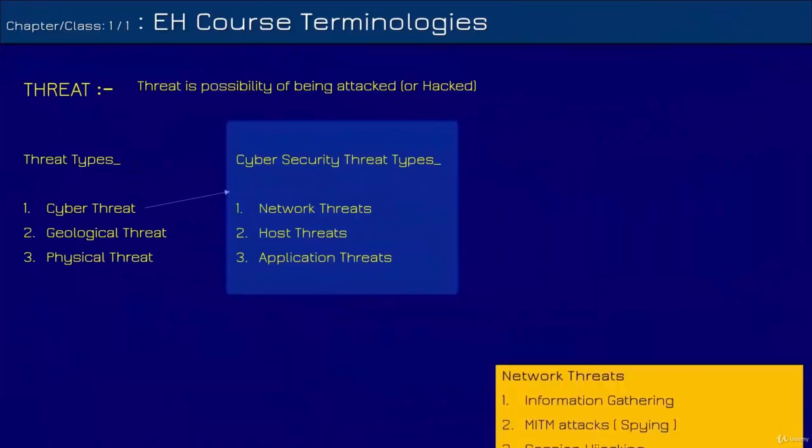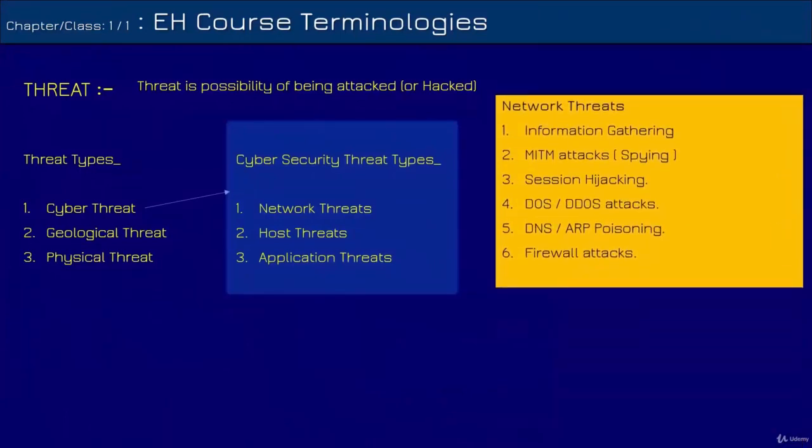Now, network threats. Network threats are cyber threats from different kinds of cyber attacks on the entire network infrastructure itself, like your entire network topology, communication protocols, devices like routers and computers, workstations, etc., and applications installed on them.